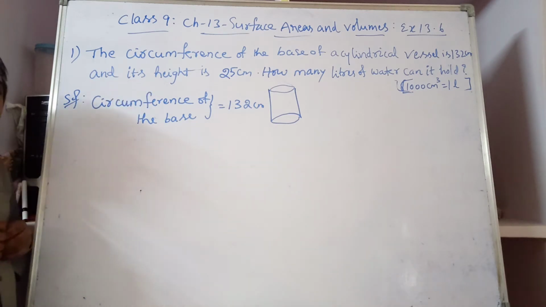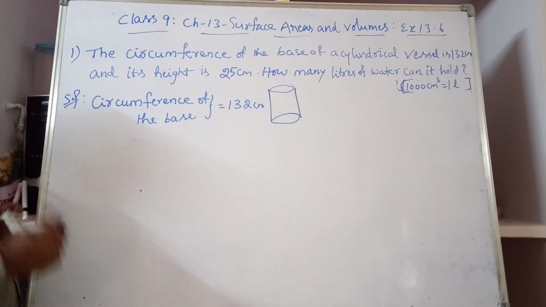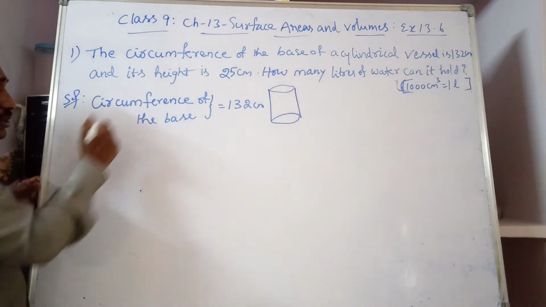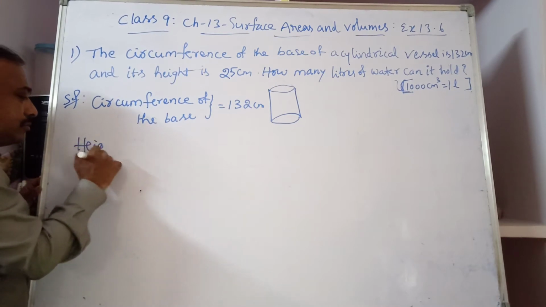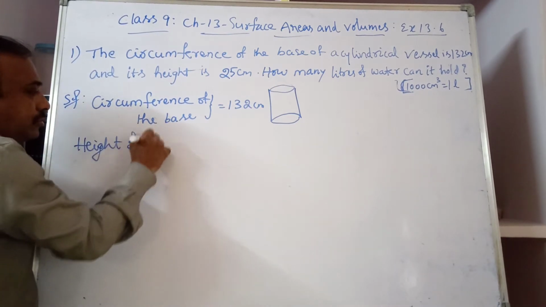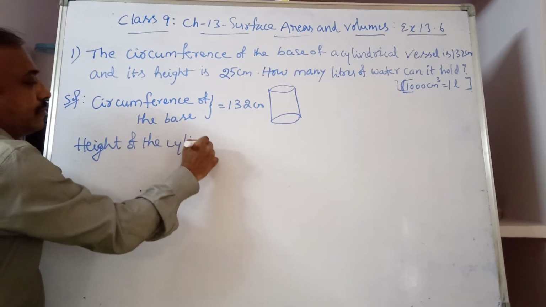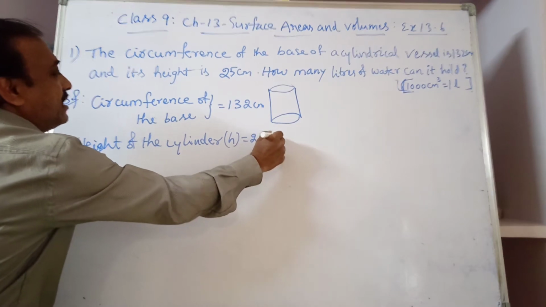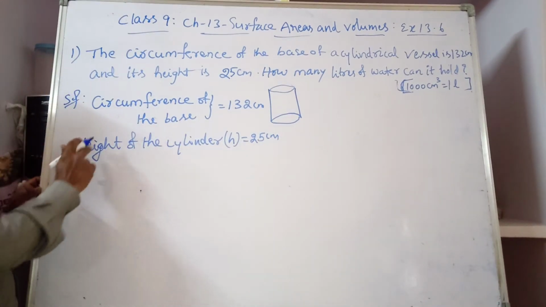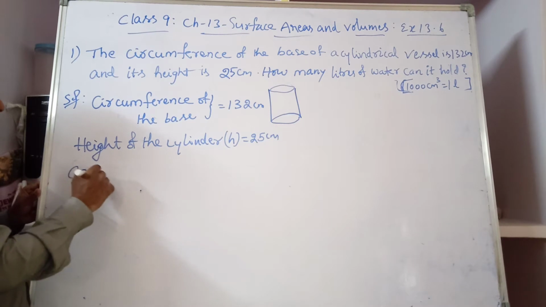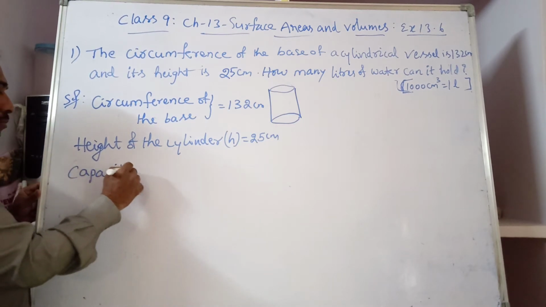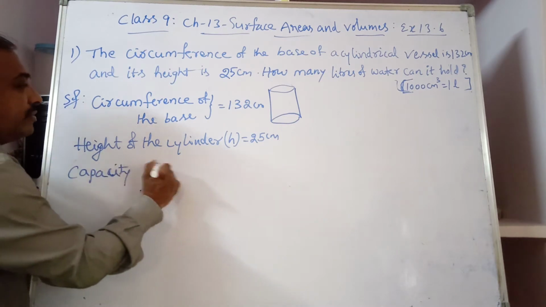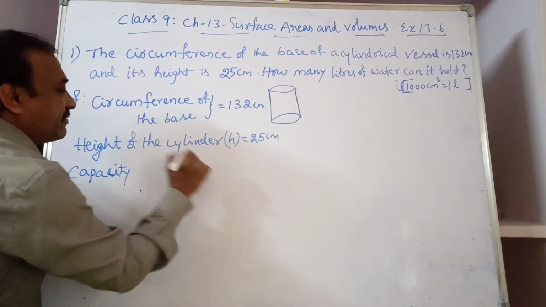Height is given in the question: height of the cylinder is equal to 25 centimeter. Radius we need to calculate. Now we have to calculate the capacity, which is the question mark.